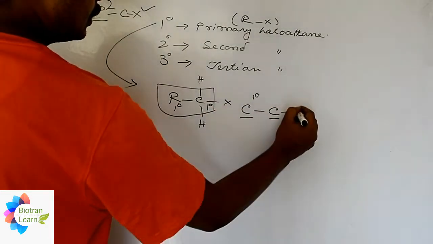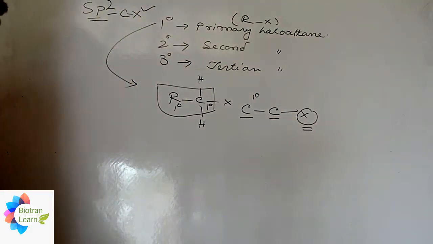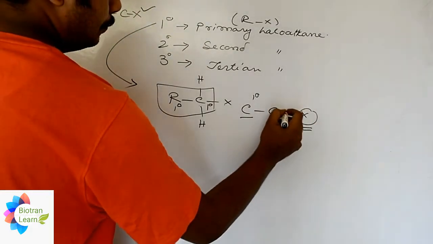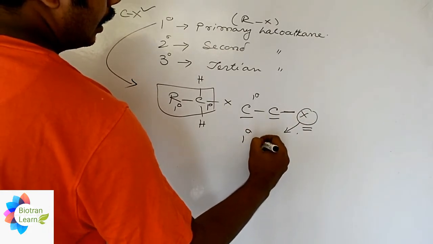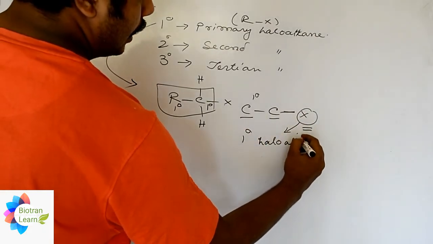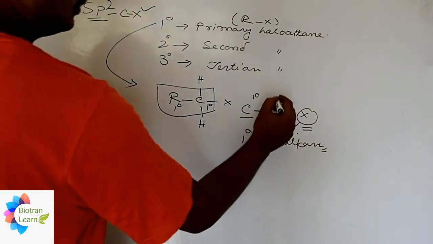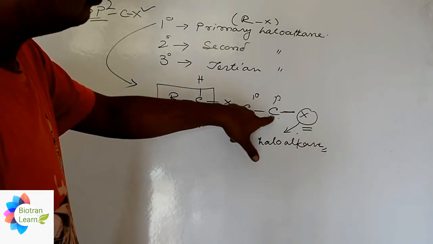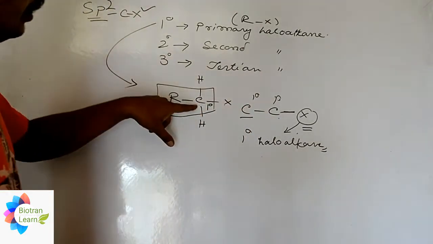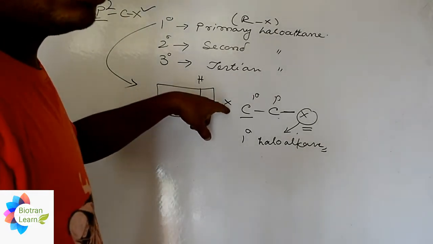Hence this carbon is associating a particular halogen group in here. This halogen group will give it the name of primary haloalkane. Why is this known as primary haloalkane? As this carbon, which is a 1 degree carbon, is associated directly with the halogen group, right?